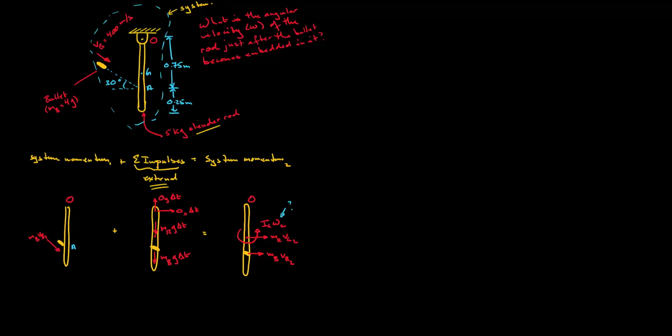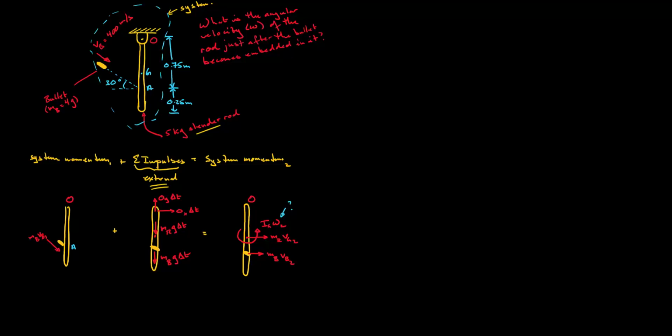All right. So this is a graphical representation of the principle of impulse and momentum. The initial momentum of the system is simply that of the bullet just prior to contact with the rod. And during the very short period of time before the rod displaces appreciably, we only have the impulses due to the reaction forces and the weights.